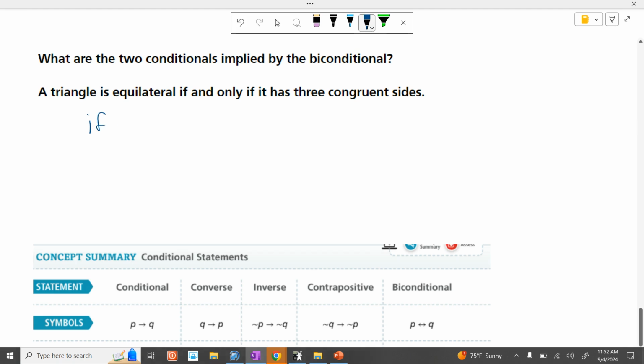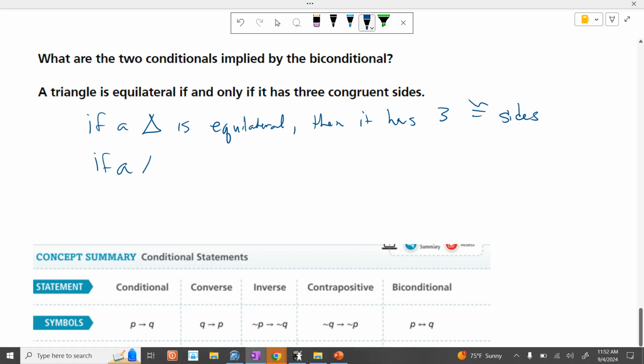So if a triangle is equilateral, then it has three congruent sides. That's the first statement. And the other statement would say, if a triangle has three congruent sides, then it is equilateral.